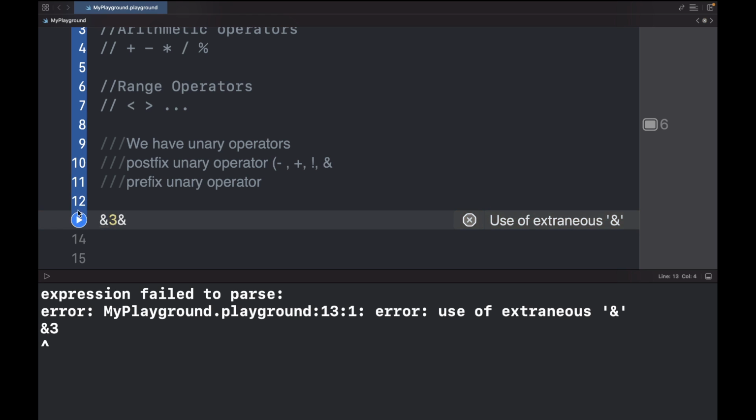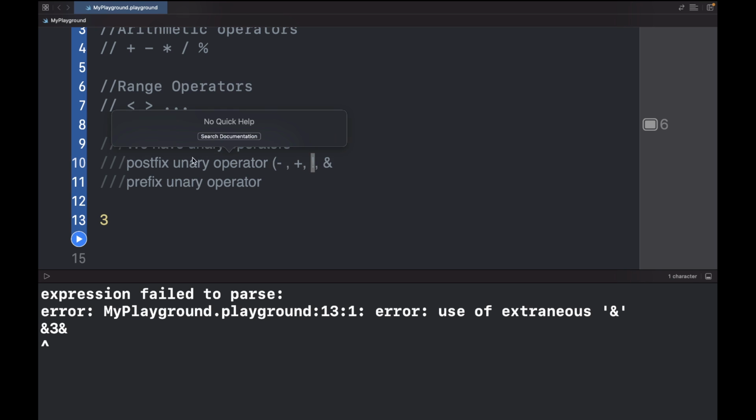And even if I do this, it can still apply as a postfix operator, but we're not using this operator the right way. So I don't want to guess at this point, but so far we do know that minus, addition, or positive in this case, it's not going to be addition, it's going to be a positive, and a negative and a not, they do apply as postfix unary operators.